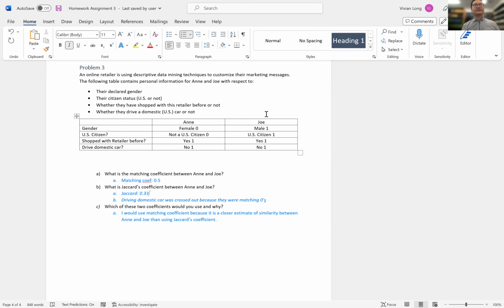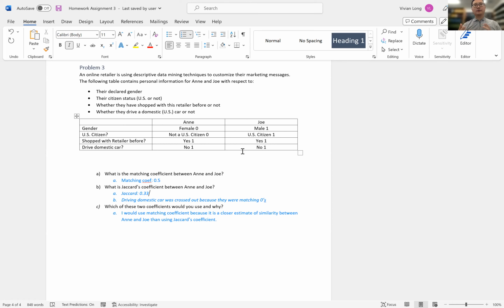For example, in this case, if we coded drive a domestic car, no, as 1, it means that both of them drive non-domestic cars, international brands, right? If you believe this indicates that they are similar, then this approach is valid. But if it doesn't, then it may not measure the similarities between these 2 people that well.